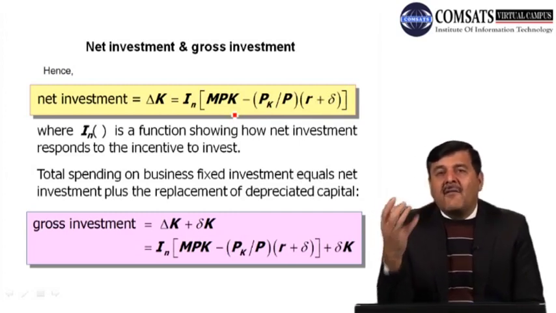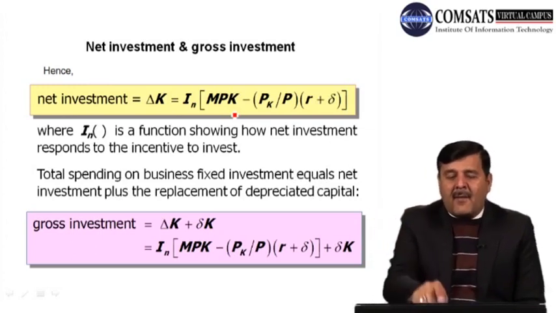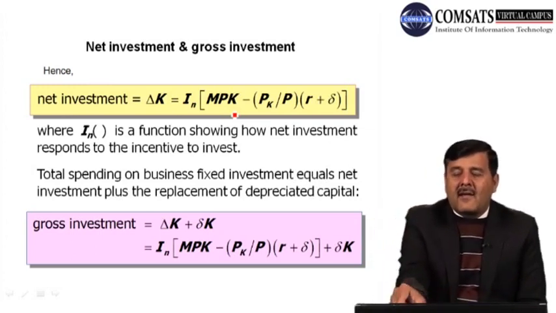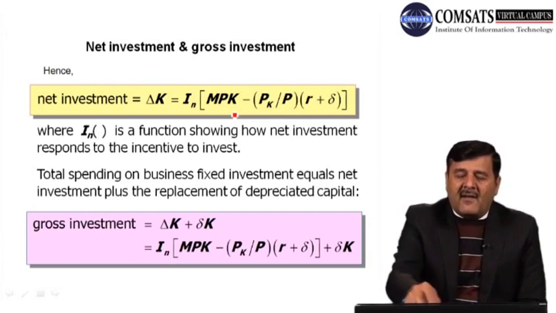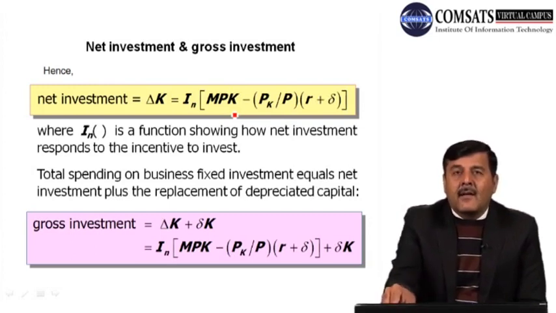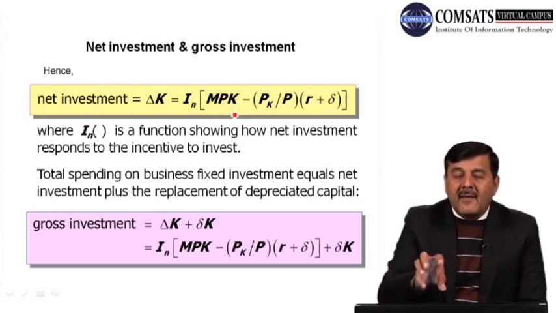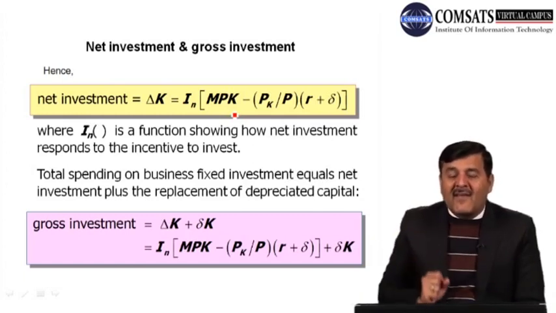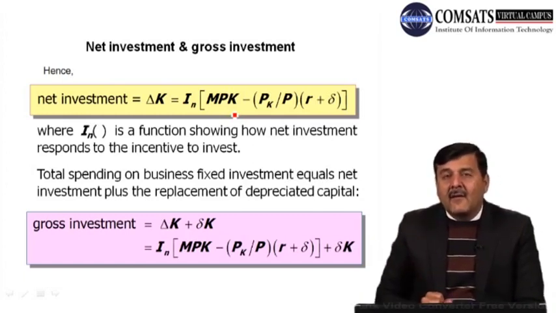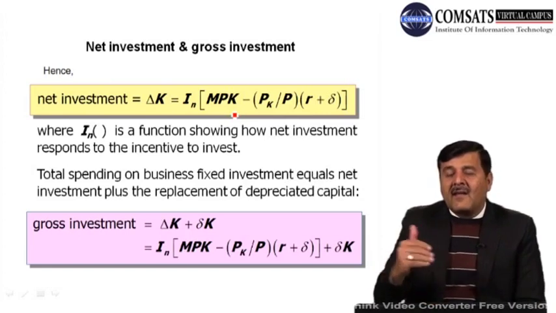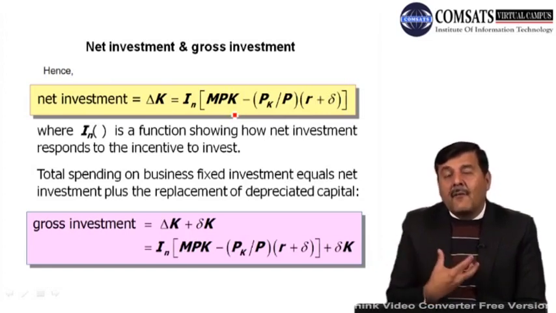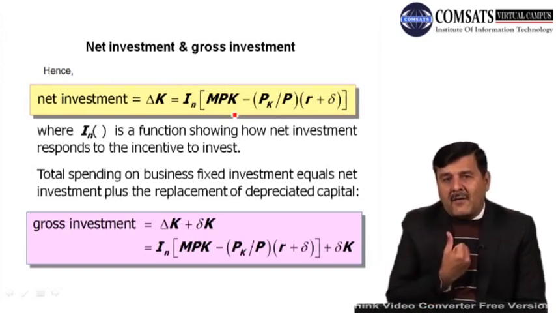Now when we have an incentive to invest, जब आपका ये जो component है MPK का इस component से बड़ा हो, यानी कि benefit is greater than cost of the capital, then there is an incentive for the firms to invest in that project, right, to increase capital. And when they increase capital, of course there is a change in net investment.